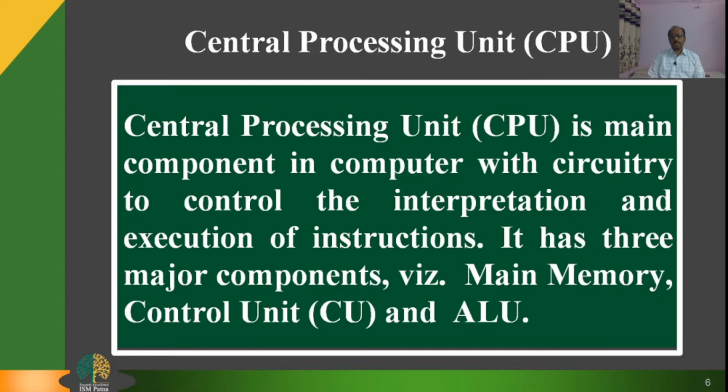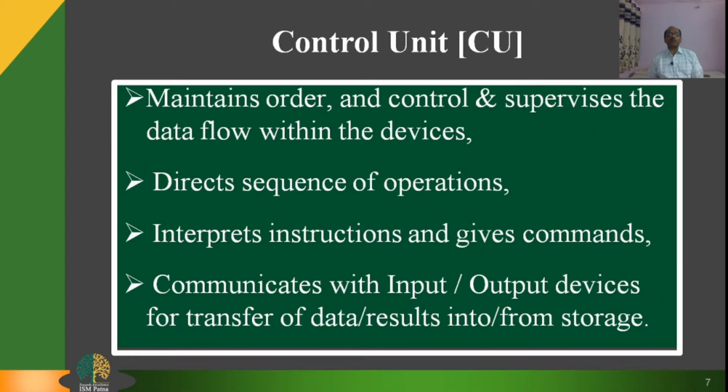So these steps are executed for every instruction in the program at very high speed, whose unit is million instructions per second. You know, million means 10 lakh instructions per second. The CPU consists of control unit, arithmetic logic unit and memory unit.